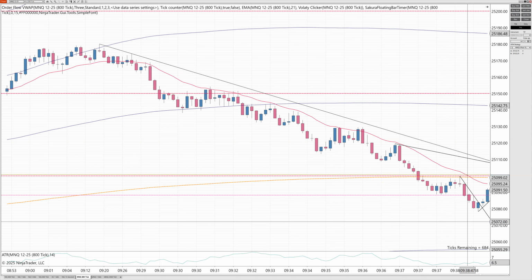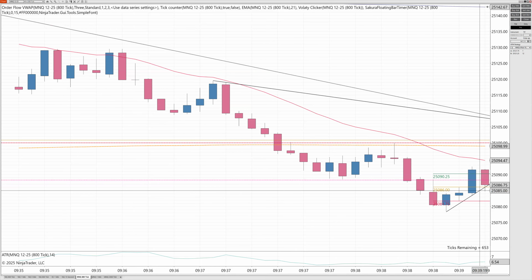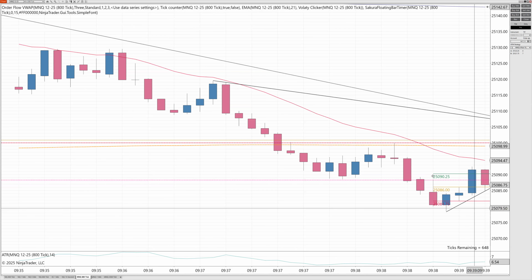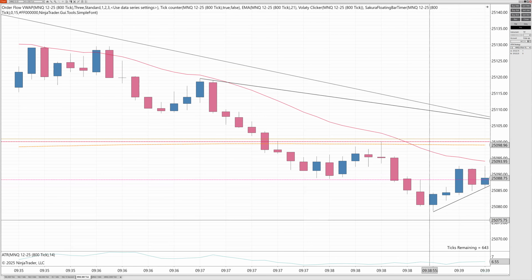And there was a very small bullish trigger that worked here. Let's go ahead and delete this line. It's irrelevant now. And then the runner got stopped out. Still supporting this upward trend line here.